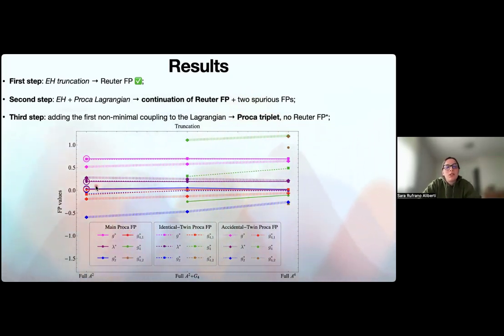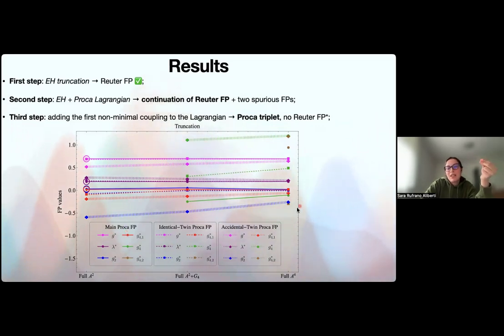And now let's discuss a little bit about the behavior of the fixed point evolution across the truncations. Because as the name would suggest, we called this solution main Proca fixed point because we found it as the best candidate for an ultraviolet completion for generalized Proca theories.